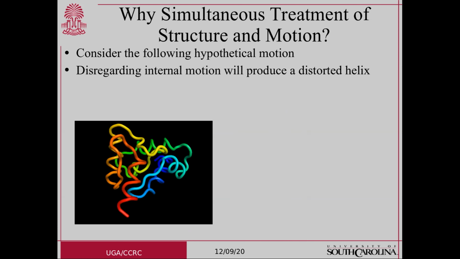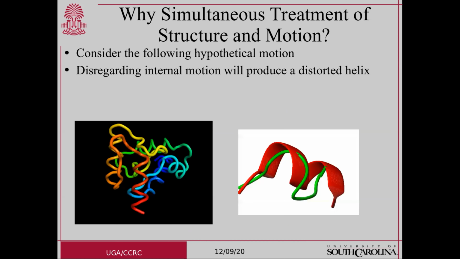And if you replicate that two-state jump motion and collect residual dipolar couplings and average them over the two states to come up with the observable that you would get from NMR spectroscopy, and you insist on calculating a structure for that region, this terminal helix that is undergoing dynamics, its structure will be distorted.